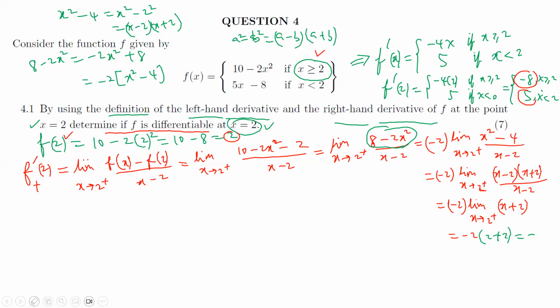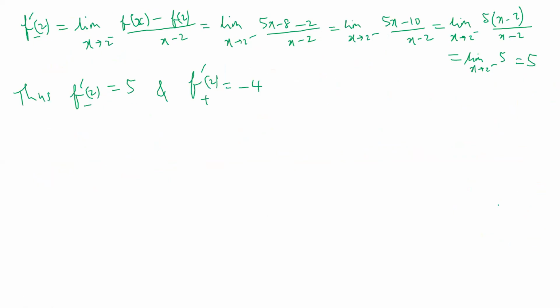Okay, so I was assisted by the fact that I have already computed through the shortcut at the top here. Since I've computed through the shortcut, I can see it must be minus 8 for the f plus, and the f minus must be 5. So it must be minus 8 here.